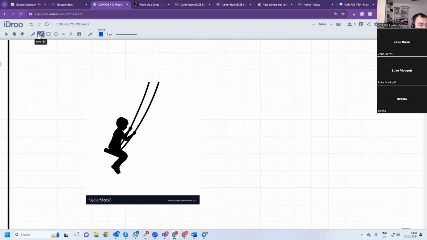The first force is the gravitational force, the weight of the child, and it's downwards. That's the weight of the child, W. And the other force is the tension in the rope. As you can see, the rope is under tension and is pulling that way. That is the tension of the rope.